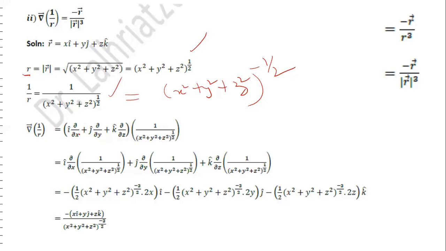Similar to what we have done before, when you take a gradient, this will be operated by del upon del x, and del upon del y, and del upon del z operation also will be performed on this. Then you just take the simple differentiation, and this is what you get. Okay, so this is simple.